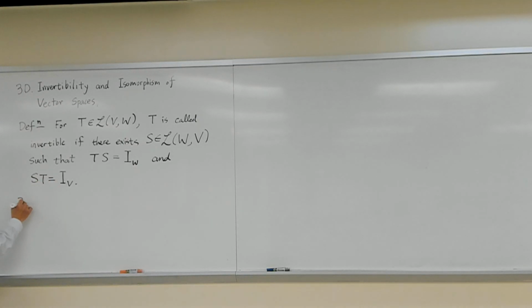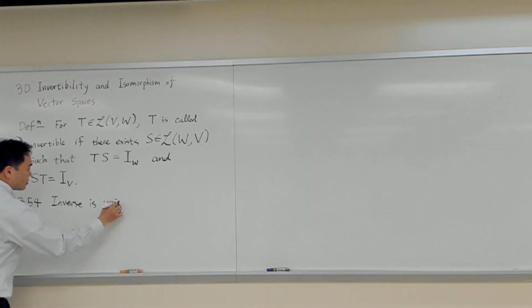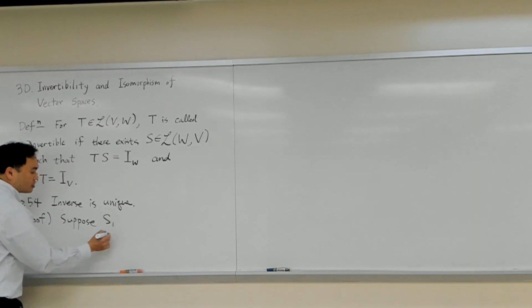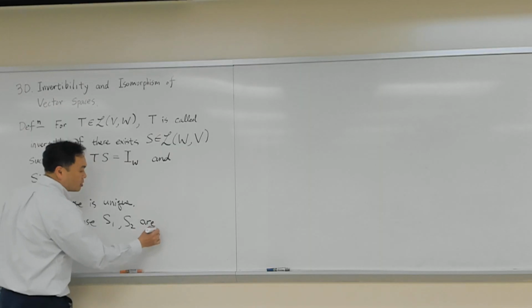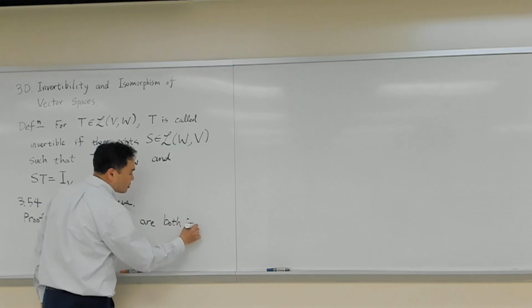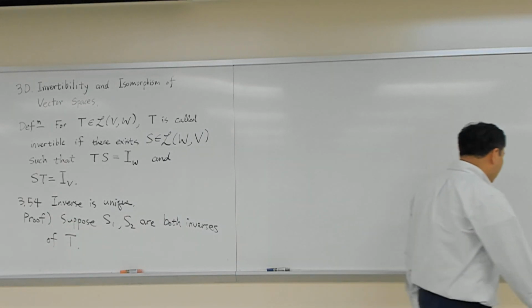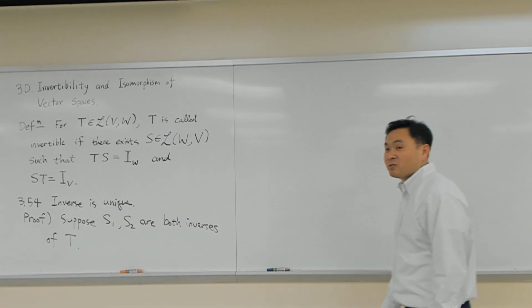So 3.54 says inverse is unique. Okay. And to prove that, let's suppose S1, S2 are both inverses of T. And to show uniqueness, I have to show that S1 is same as S2, right?